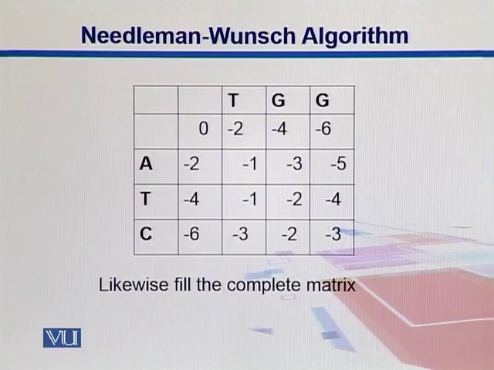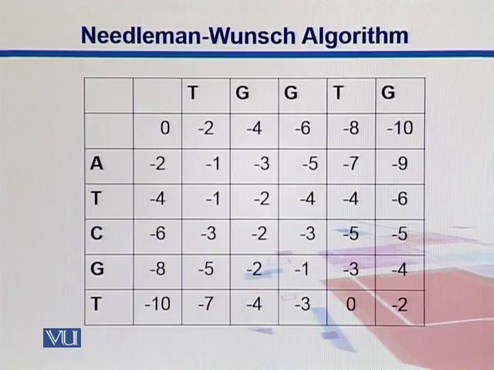This is how we have filled a part of it. We have seen a small section, and here is the full picture. Then we keep our pointers, and they will tell us how our actual alignment goes.